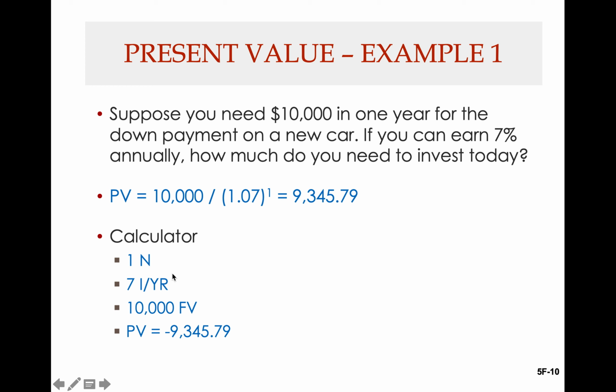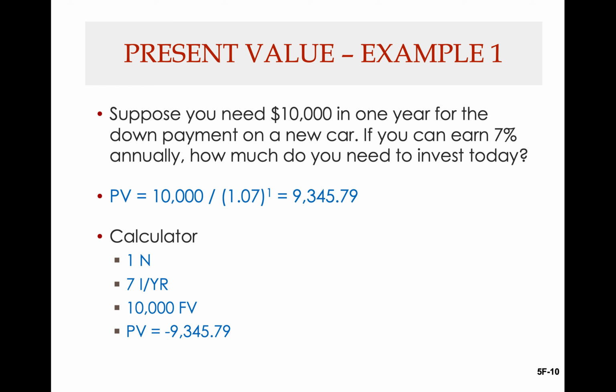In your financial calculator, you need to enter 1 as the number of years, 7 as the interest rate, $10,000 as your future value, and when you press the PV button, the present value, you should get negative $9,345.79. Now remember the sign convention.